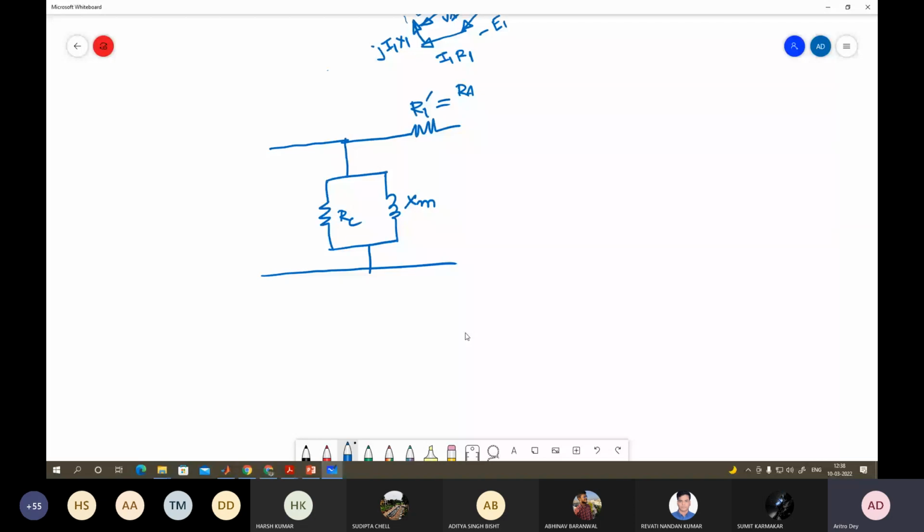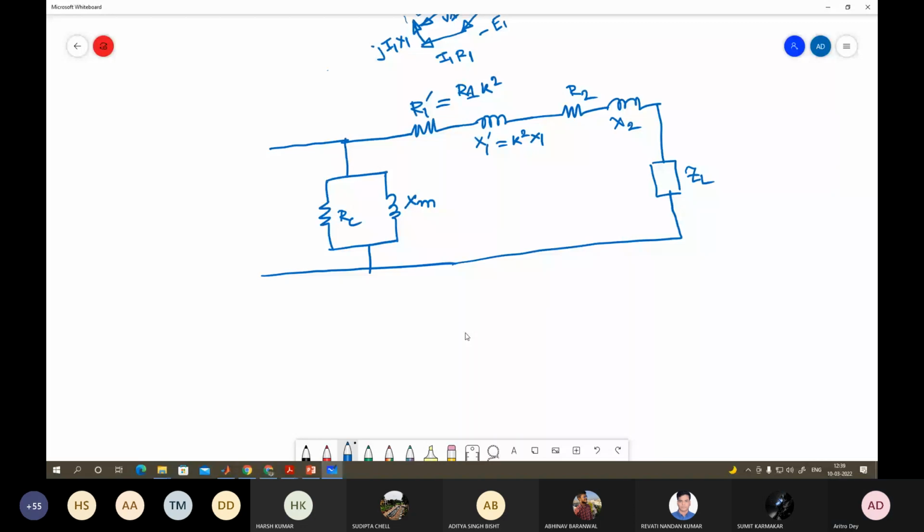And this is x1 dash, which is k square into x1. Then R2 remains the same, x2 remains same, then your ZL remains same. There is no change. So this is the equivalent circuit when it is referred to secondary.